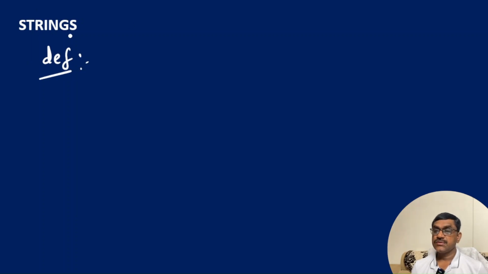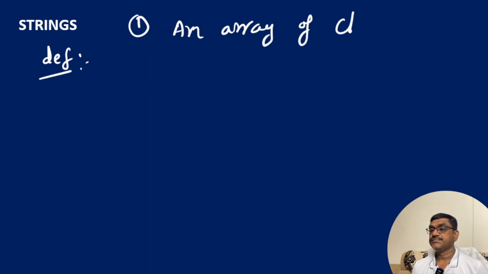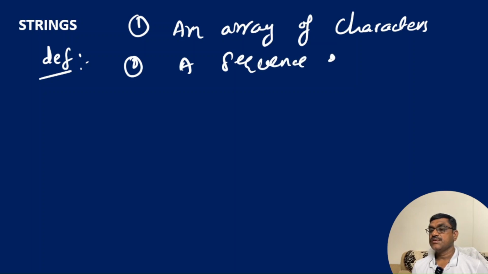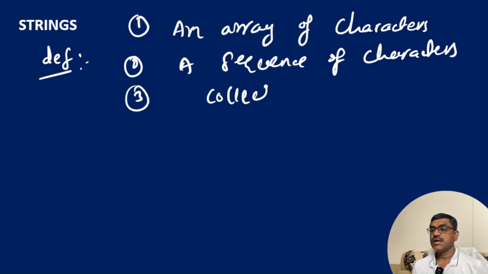What is the definition? See, we can give multiple definitions for the string. The first definition is it is an array of characters. The second one, we can say a sequence of characters. The third one, we can say a collection of characters.